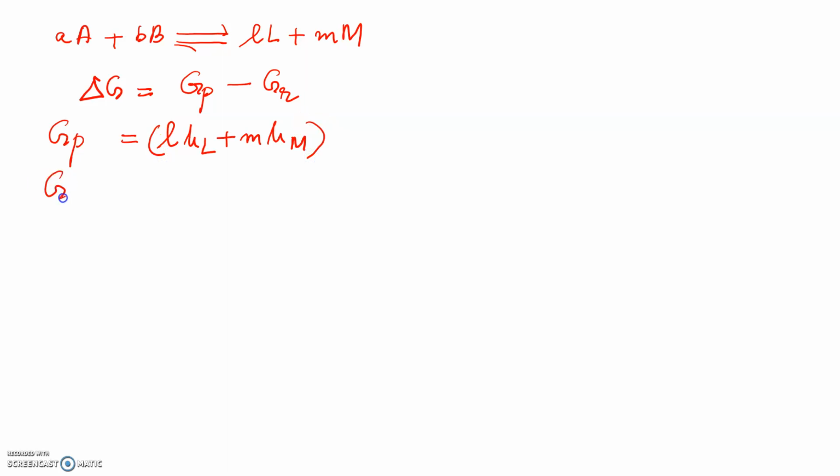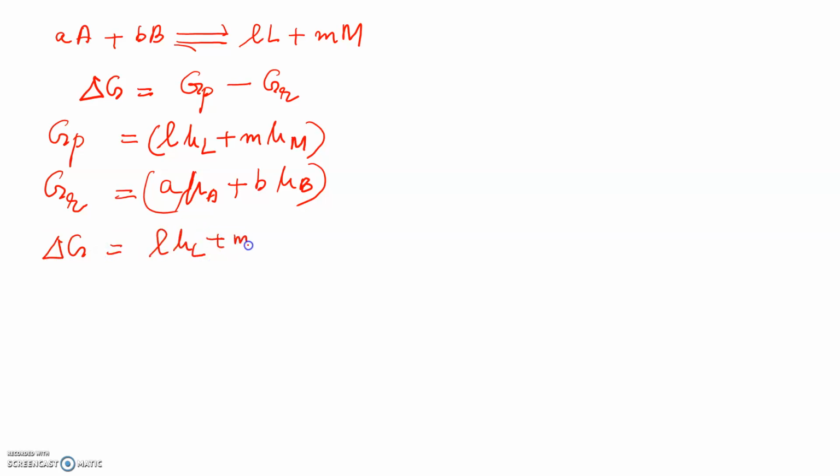G of reactants will be a into mu A plus b into mu B, so that delta G will be equal to l mu L plus m mu M minus (a mu A plus b mu B).